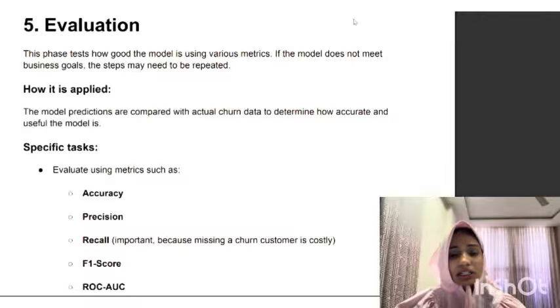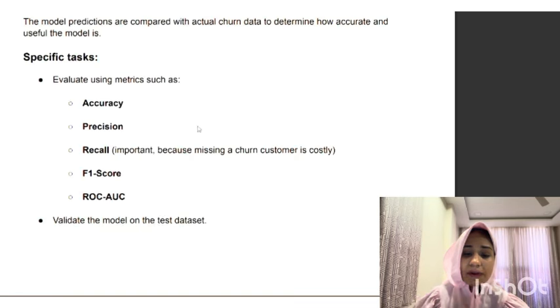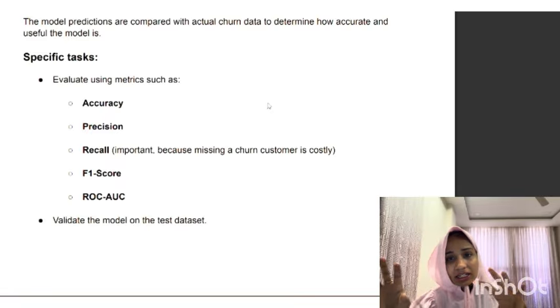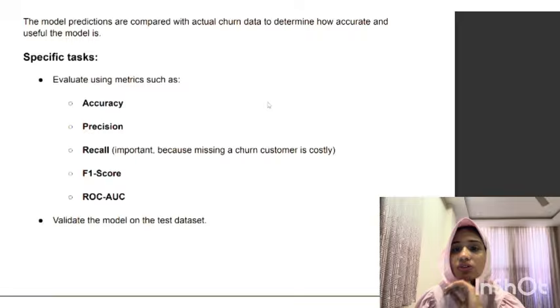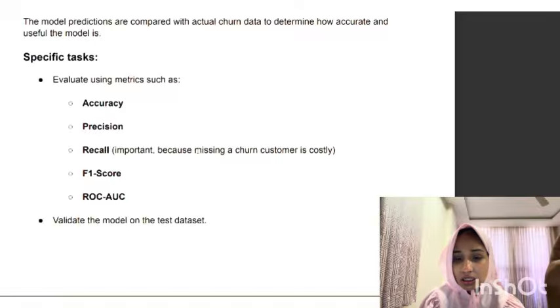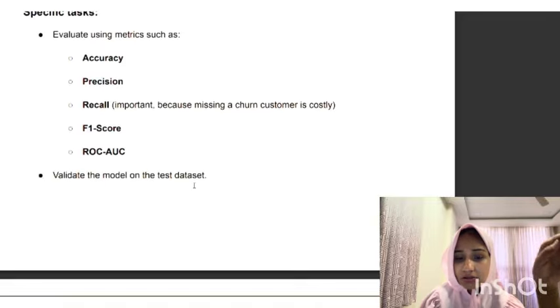So how is it applied? The model predictions are compared with actual churn data to determine how accurate and useful our model is. The specific task is evaluating using metrics, like the confusion matrix. In this we take actual and predicted values and compare them. We need to find accuracy, precision, recall, F1 score, ROC AUC.